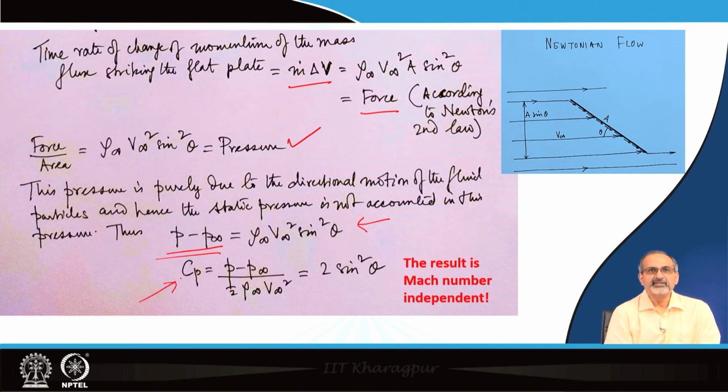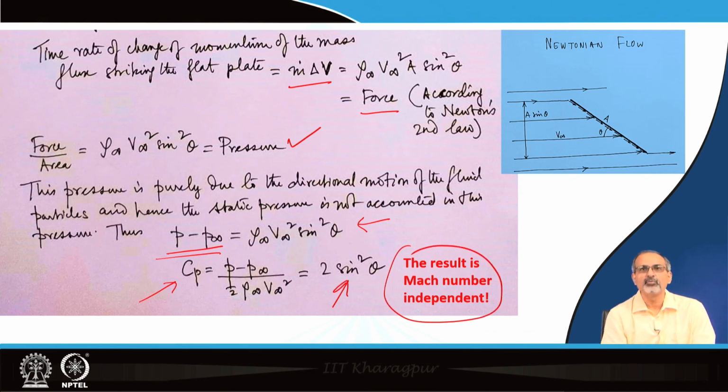Plugging it into the Cp expression that we know of, P minus P infinity by half rho infinity V infinity square, we come out with an expression 2 sin square theta. Surprisingly, this result has no Mach number dependence. That means it is basically a Mach number independent result, unlike what we saw in the supersonic regime.